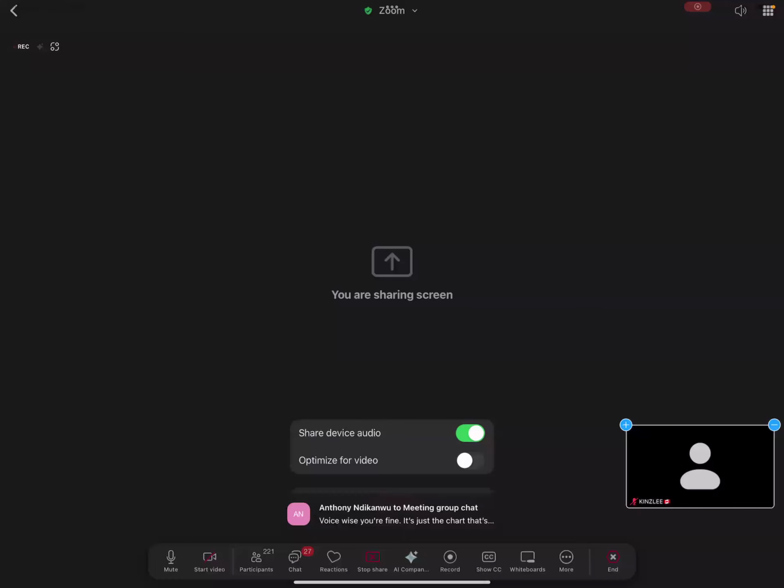Let me first of all load TradingView. If TradingView loads well, then I will know that this one is better. If it does not, then I'll have to switch the network back. Let me just continue to see, and you guys will tell me if it's better or not. Let me share my screen with you.